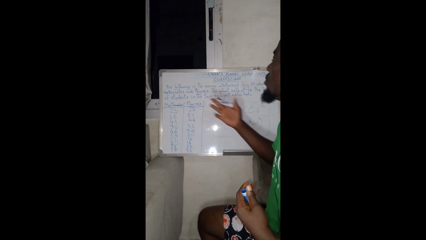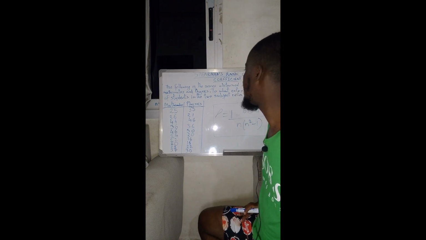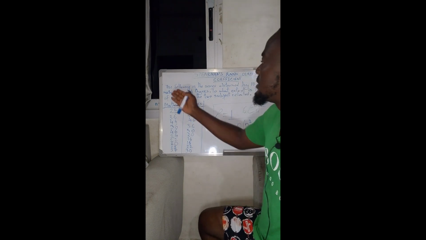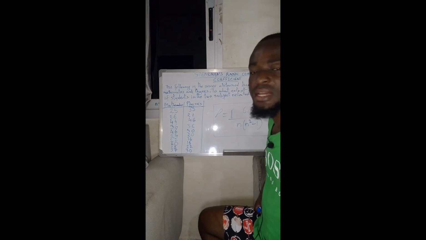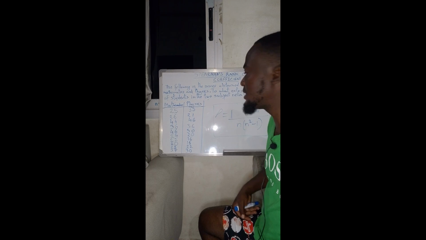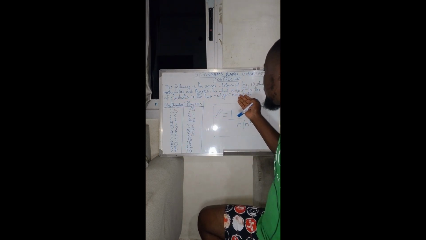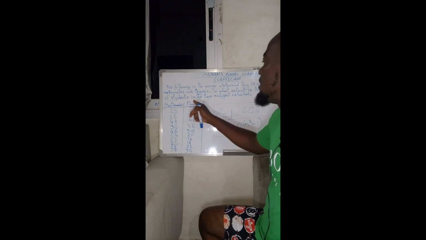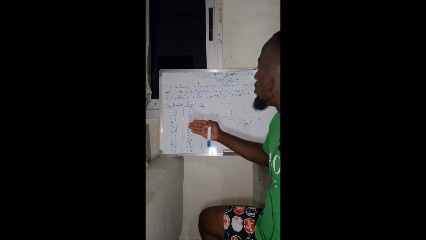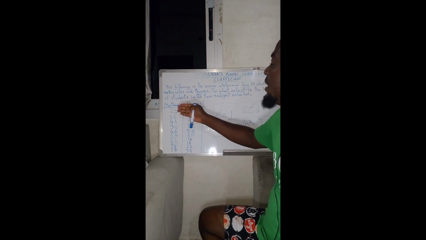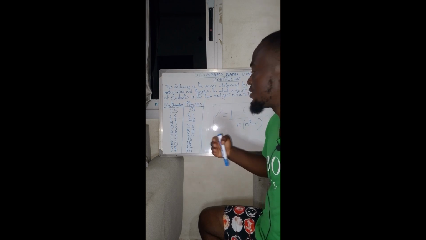Now let's use these questions and use Spearman's rank to solve them. The question says that the following are the scores obtained by 10 students in mathematics and physics. To what extent is the knowledge of students in the two subjects related? This means we want to know the relationship between these two subjects for every student.